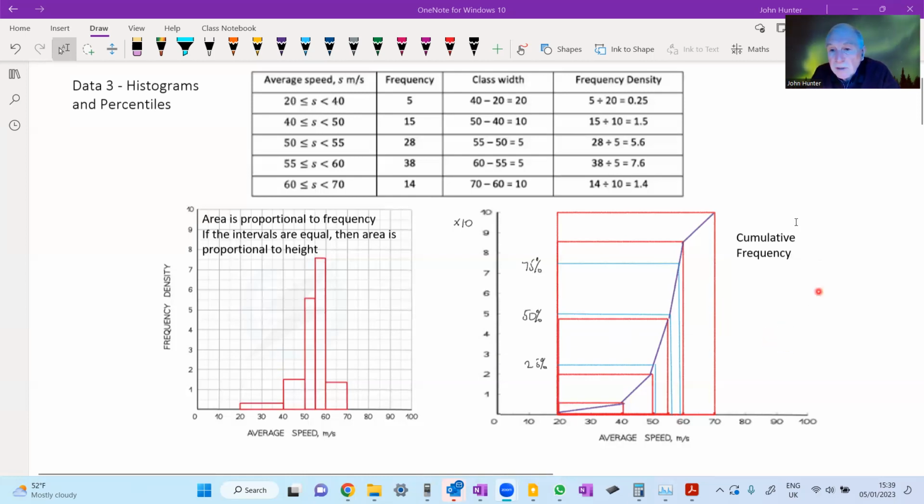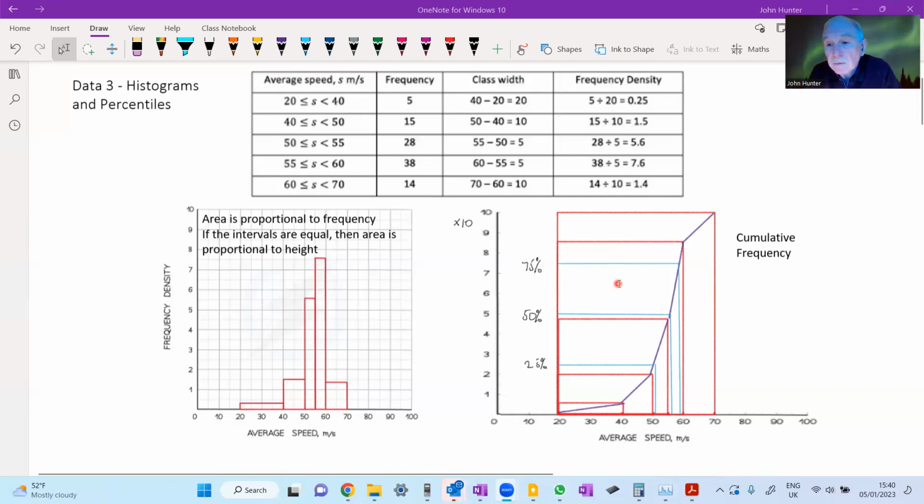So that's the cumulative frequency chart. And for representing this kind of data, this is where it becomes useful, because we want to draw conclusions about medians and percentiles, because that gives us our measure of central tendency. A median is a measure of central tendency, along with the mean, by the way.